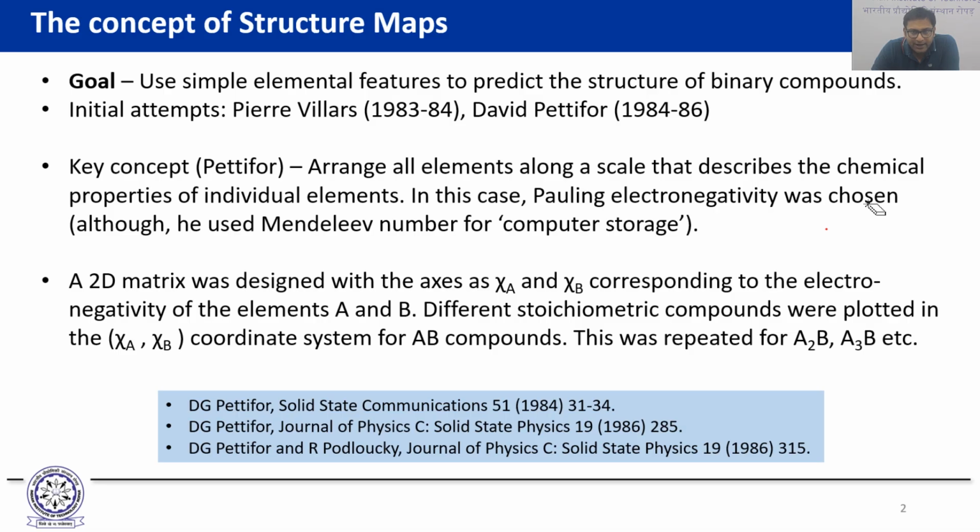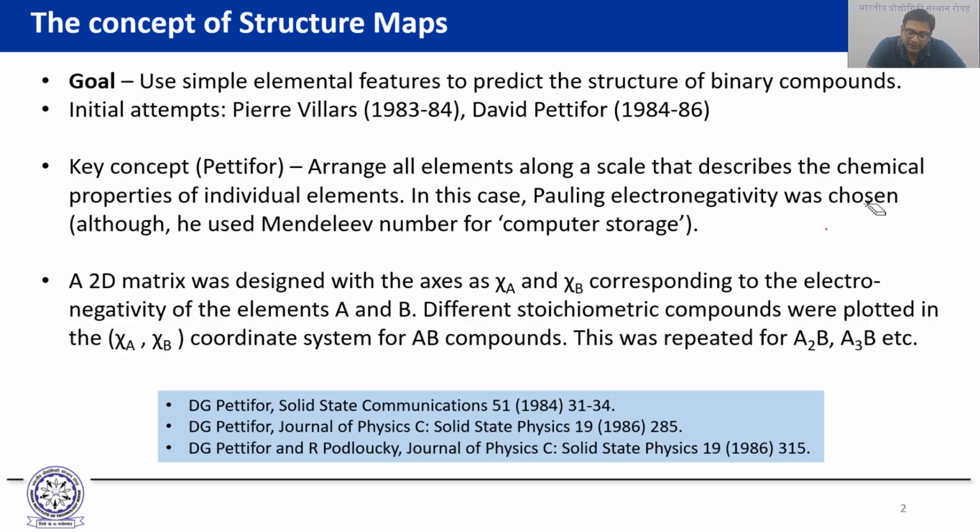One would be a chi-A axis, which is the electronegativity of the A elements, and then you have a chi-B axis corresponding to the electronegativity of the B elements. And then having done that, he started plotting different stoichiometric compounds in the chi-A, chi-B coordinate system for these AB compounds. So initially he started with AB compounds, which is a 1-to-1 stoichiometry. After that, he repeated the same for A2B, A3B, AB2, AB3, and so on.